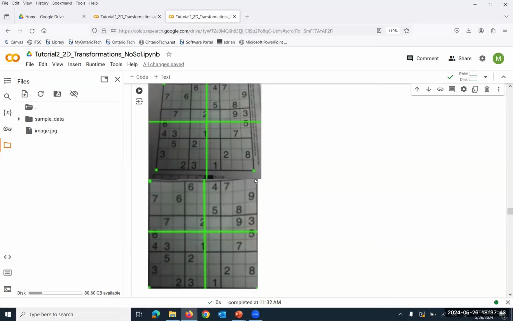For this corner, the x will be 0, and then the y would be the height of the image. It's the reverse, so always the top left is our origin.